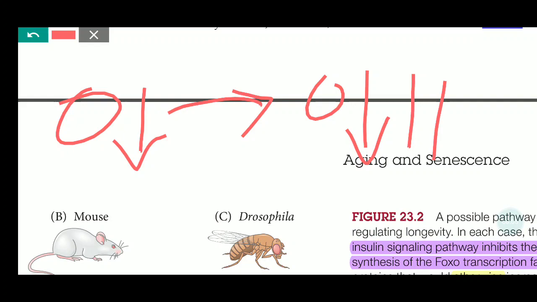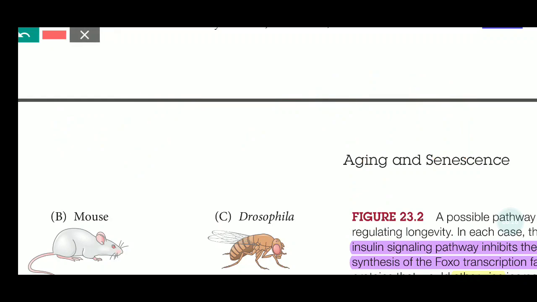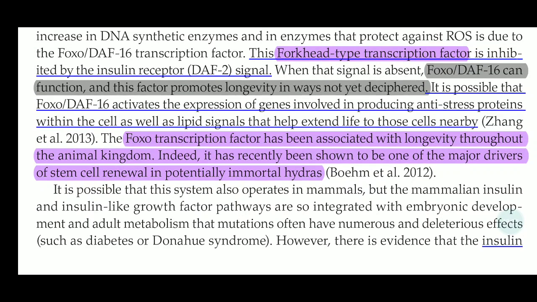The antioxidants will be more in amount against the reactive oxygen species, and there will also be more repair enzymes, so that there will be a higher lifespan, and also a decrease in fertility. So there are some important points related to the insulin signaling cascade process.